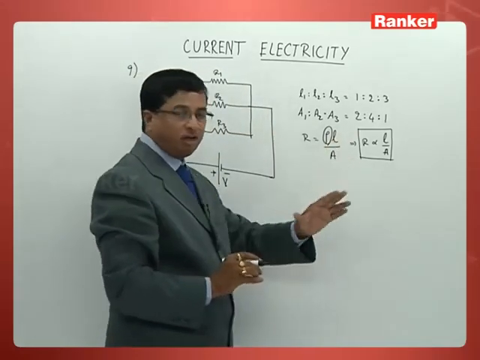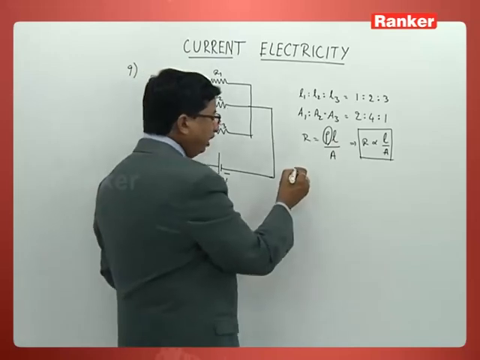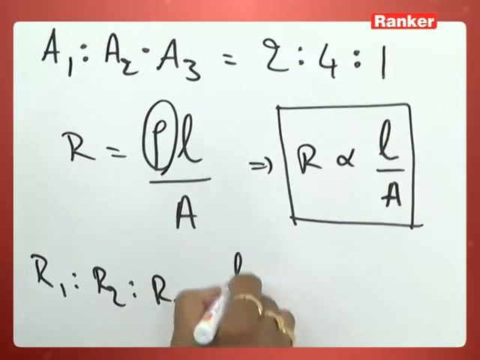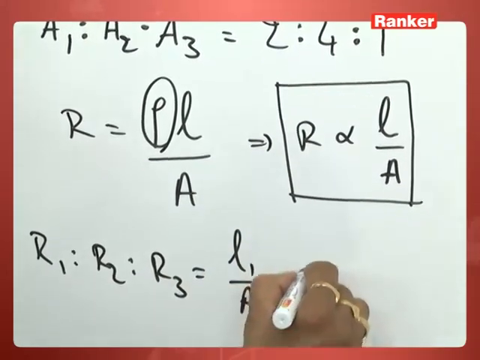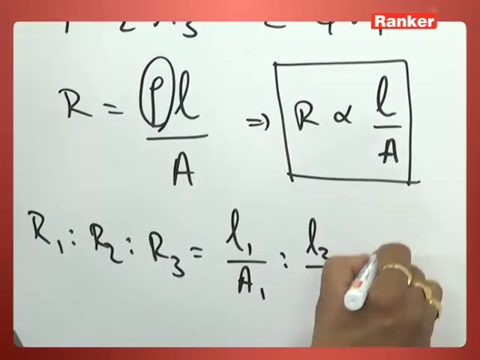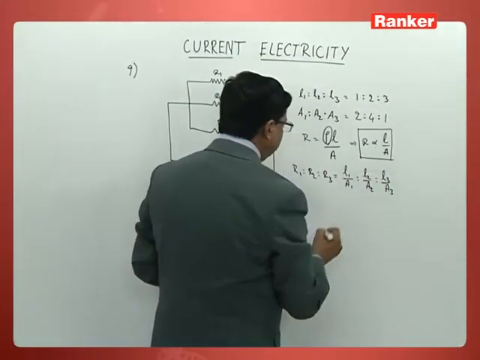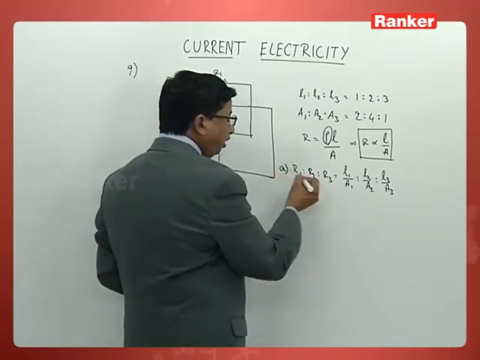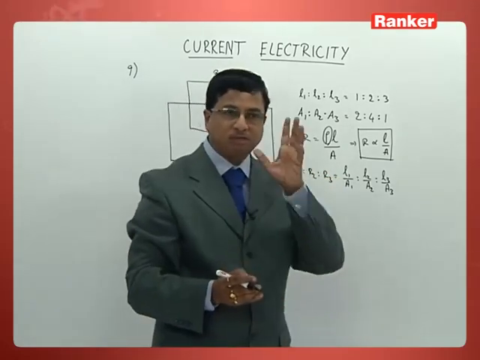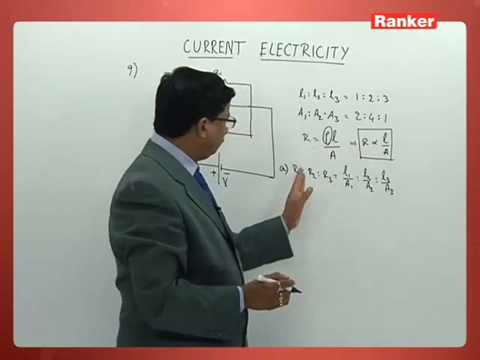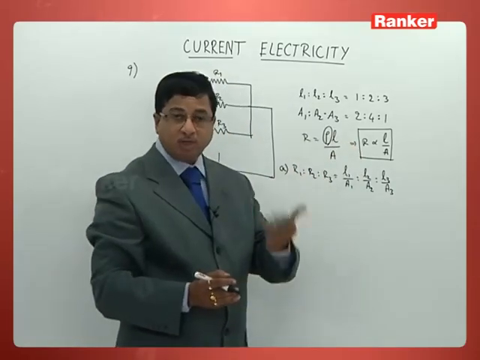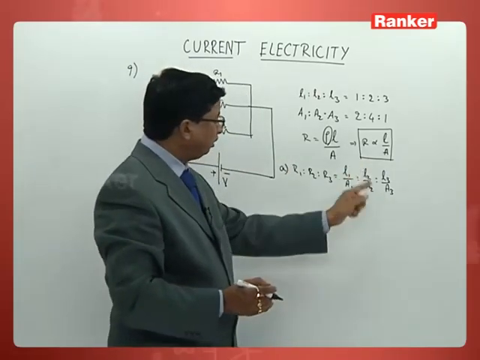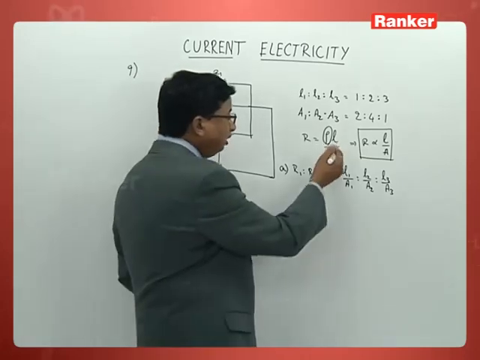When R is proportional to L by A, can't you now write R1 is to R2 is to R3 as L1 by A1 is to L2 by A2 is to L3 by A3. This is the first bit he is asking: the ratio of their resistances. But what are these given values?